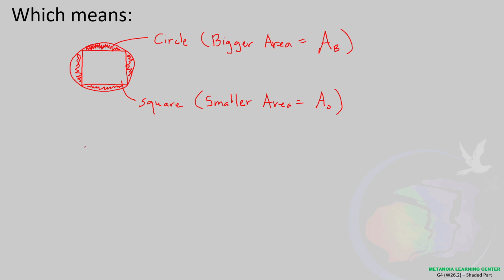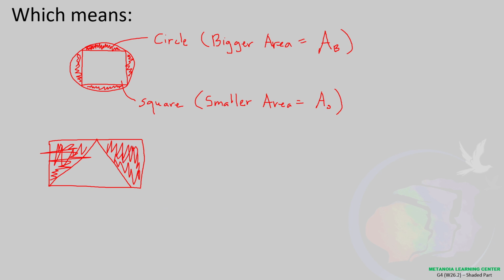Okay. So, another example, what if you have a rectangle and inside your rectangle you have a triangle? Of course, the area that is not being occupied by the triangle inside the rectangle is the shaded part. Okay, sorry because, again, it's hard to do this with a mouse.